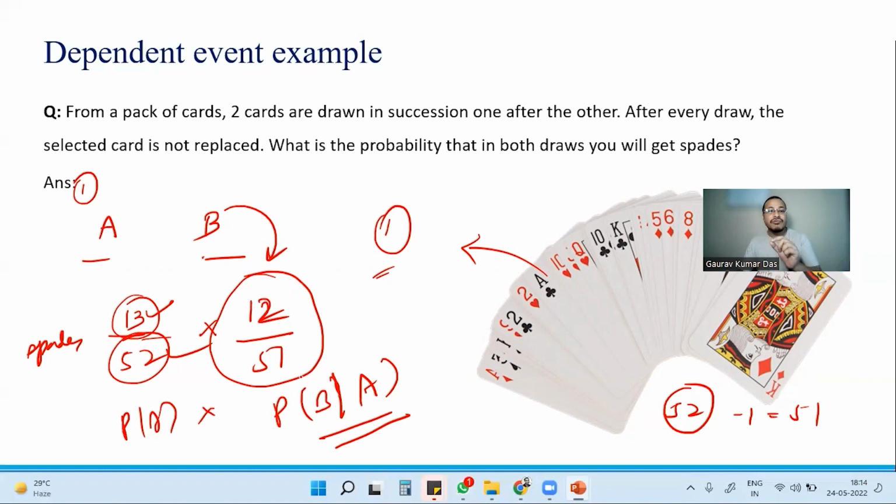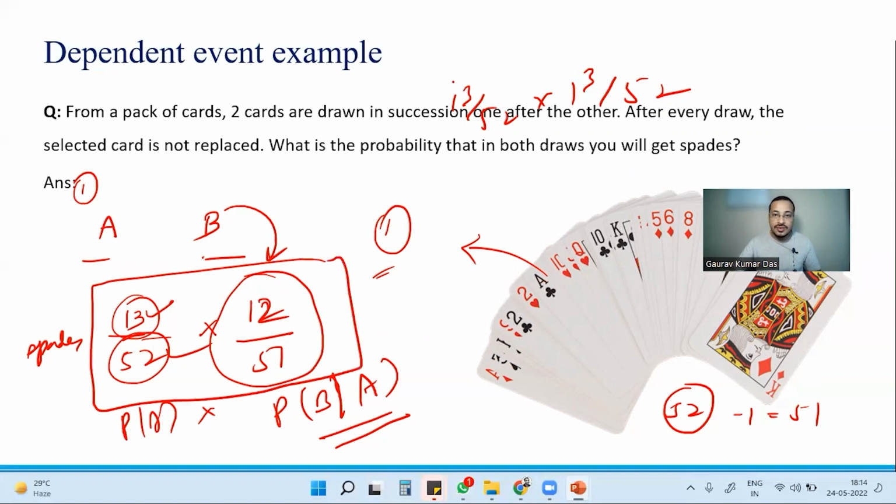Now, if we would have replaced the card back in the deck, what would my probability be? 13/52 into 13/52. Now, if you really think about it, which value will be greater? This value or this value? That is what you have to think about.